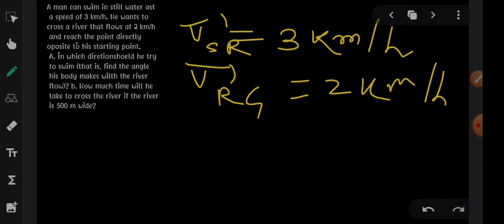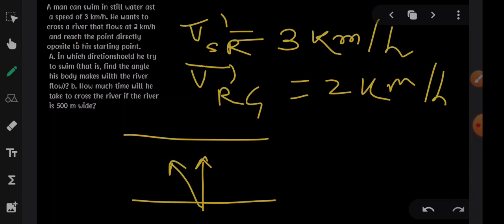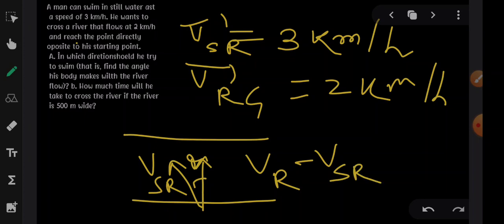As we have just discussed, the horizontal component of velocity, Vr minus Vsr sin theta, must be equal to 0.